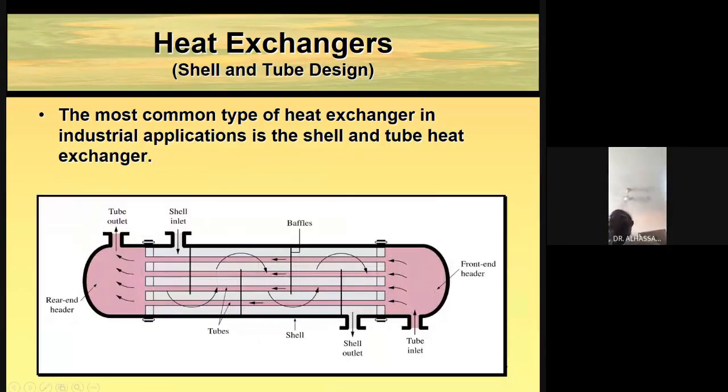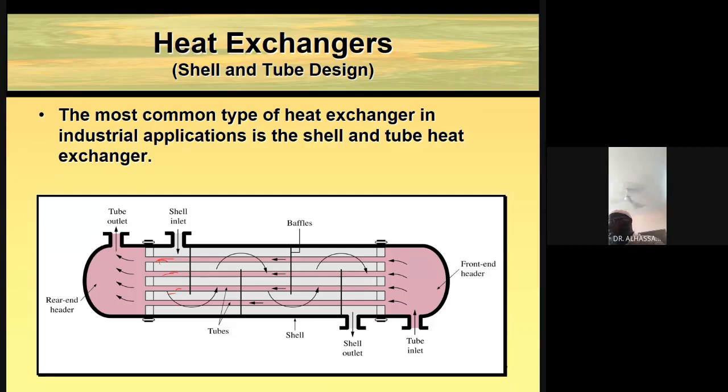Next, the most common type of heat exchanger in industrial applications is the shell and tube heat exchanger. In a shell and tube heat exchanger, we have one shell and many tubes lined up inside the shell.